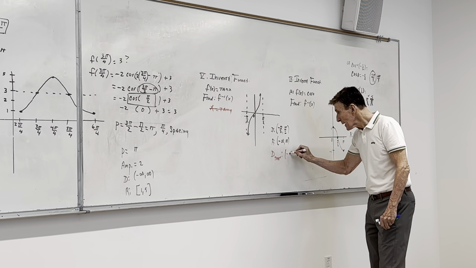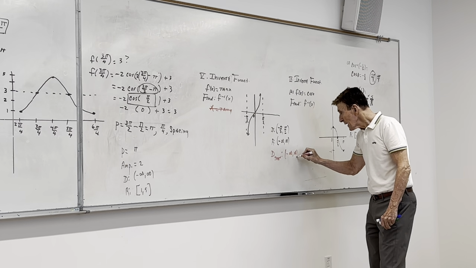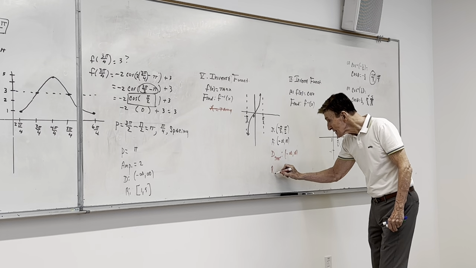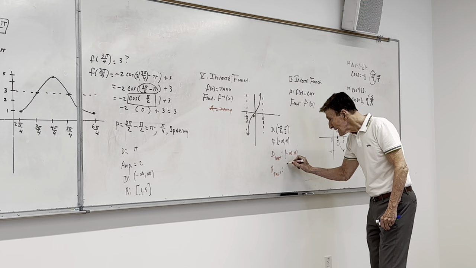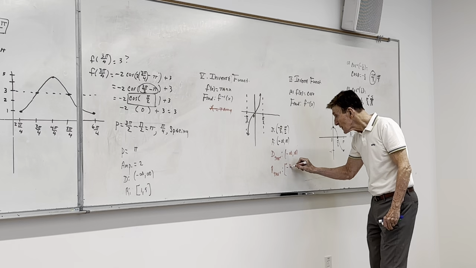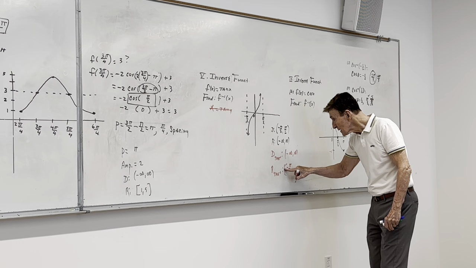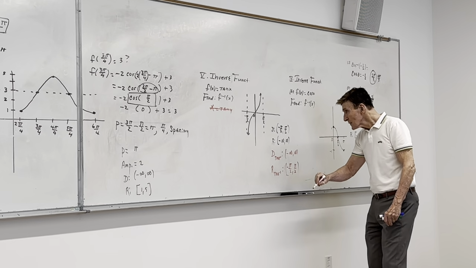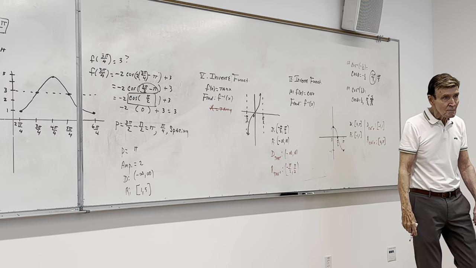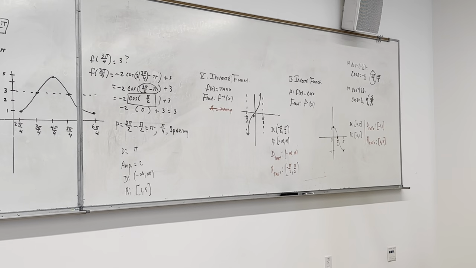Negative infinity through positive infinity. And the range on the inverse, absolutely, is negative pi over 2 up to, not including, positive pi over 2. You guys agree? So there's inverse tan with its domain and range listed.